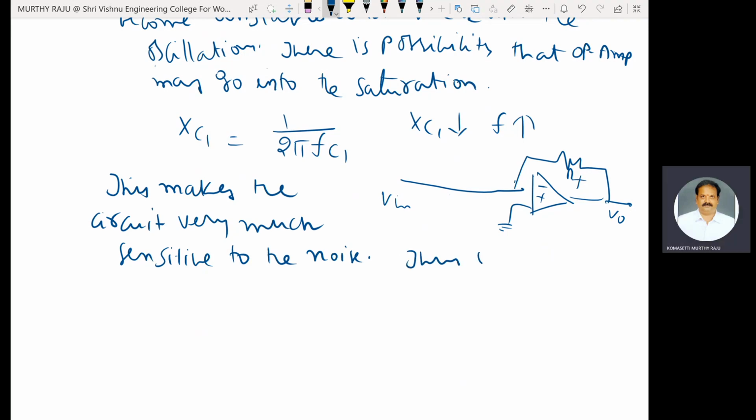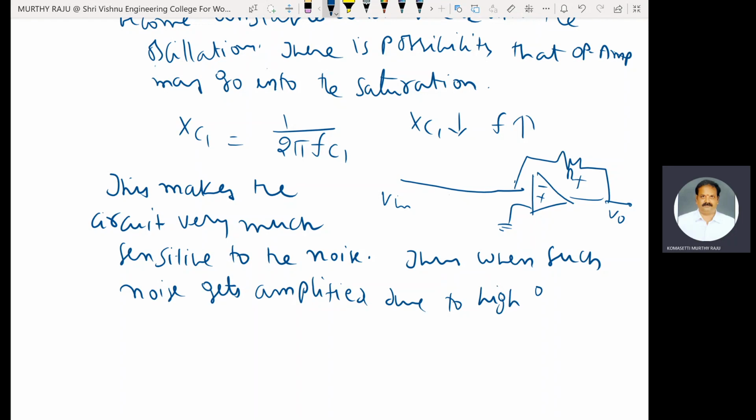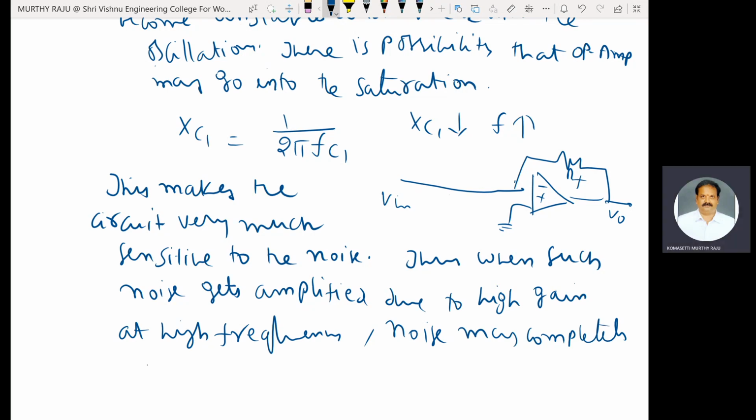Thus, when such noise gets amplified due to high gain, basically operational amplifier gain is 2 into 10 power 5 for the 741 IC, high gain at high frequency, noise may completely override the differentiated output.